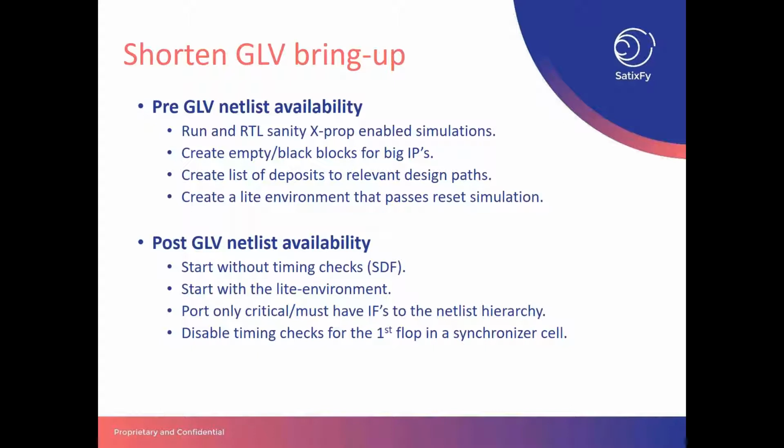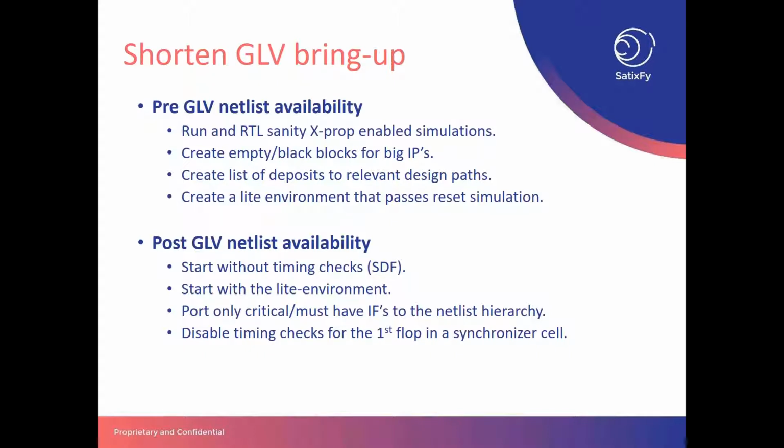You can start to create a list of all the deposits on all those places that are uninitialized registers or some memories that can cause failures in the gate level due to a more pessimistic approach versus the RTL. And maybe one of the most important will be to create a light environment in which you can pass at least a reset simulation, which will be the first one that you want to migrate to the gate level DUT.